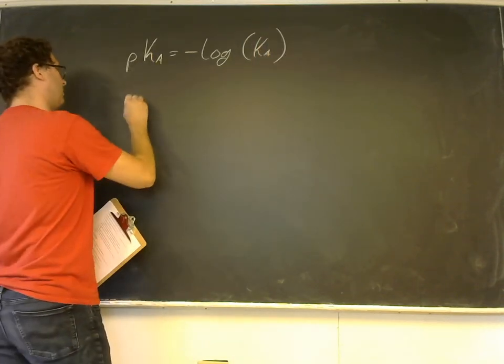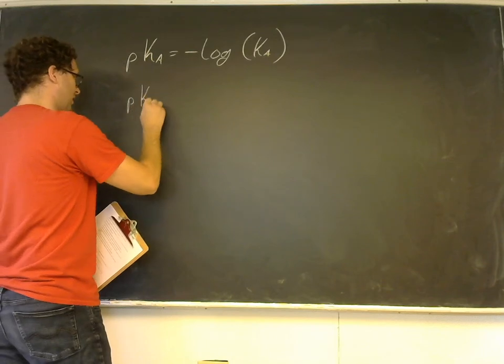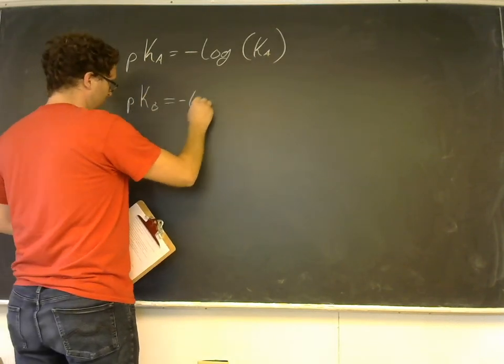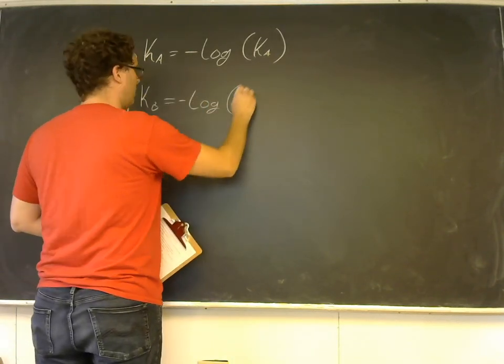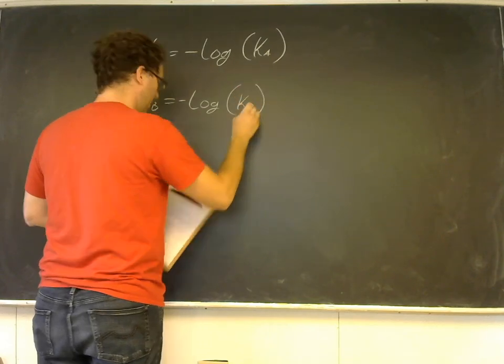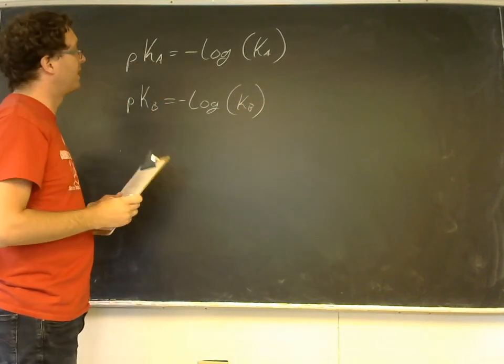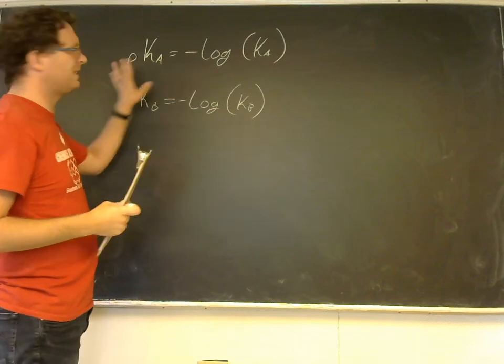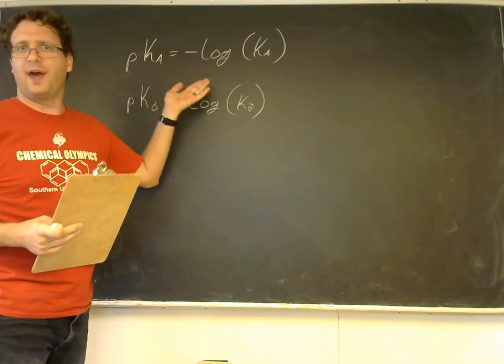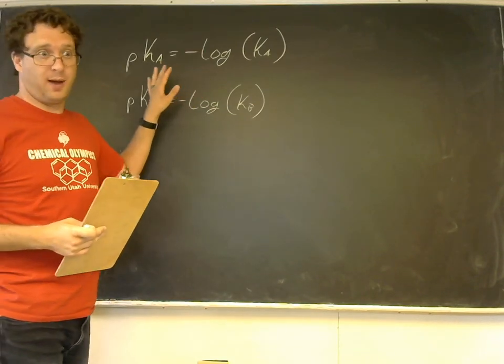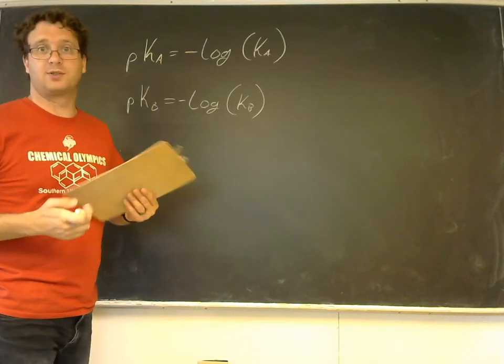And we'll occasionally talk about the pKb, which is equal to the negative log of the Kb value. Now this might seem a little bit silly now, but I promise you pKa values will be extremely useful later on.